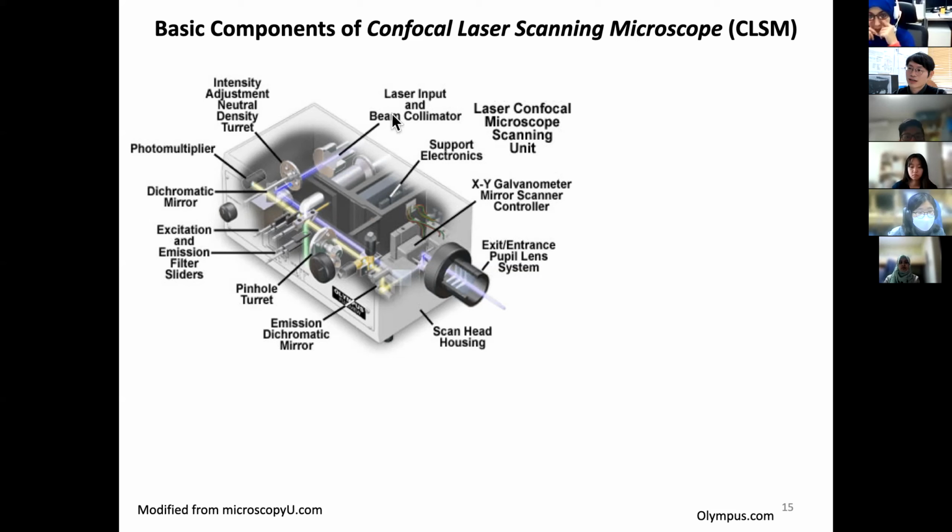Okay, so the laser input beam is here with a neutral density filter to adjust the power, and you need the dichroic mirror here, and then send the light into the XY galvanometer, which scans the beam. It steers the beam and sends it into the microscope. But at the same time, remember, the emission light follows exactly the same path.